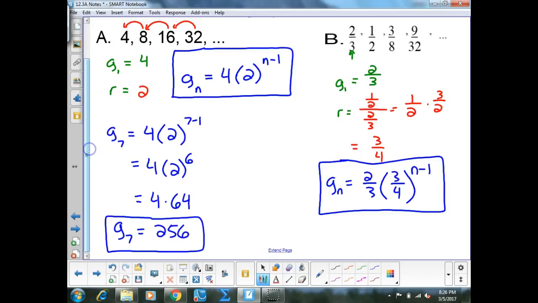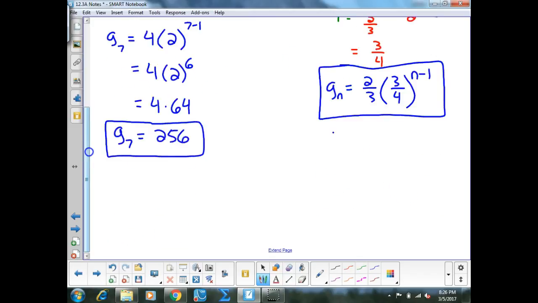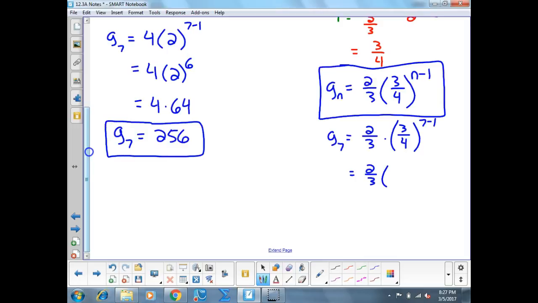Now to find G sub 7, that's going to be 2/3 times 3/4 to the 7 minus 1 power. So that's going to be 2/3 times 3/4 to the 6th power, which is 2 over 3 times 3 to the 6th over 4 to the 6th.